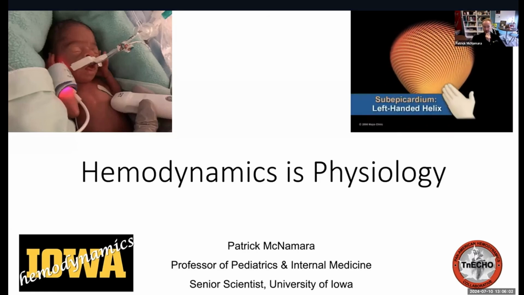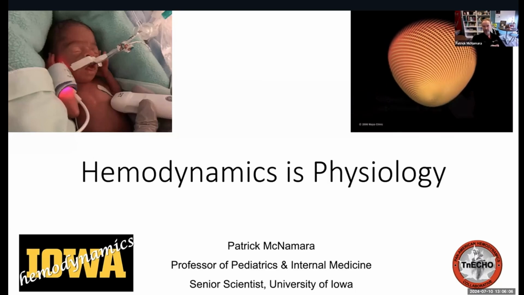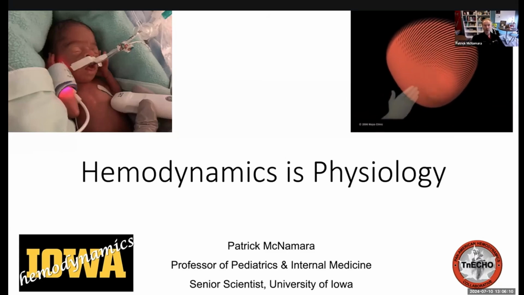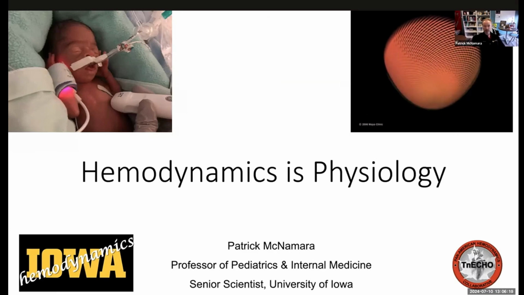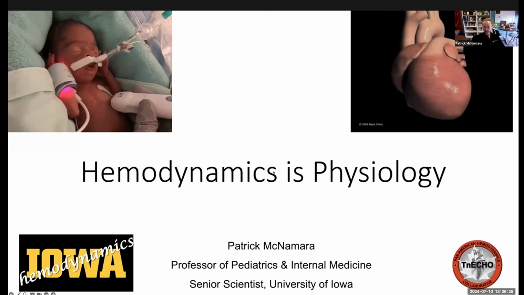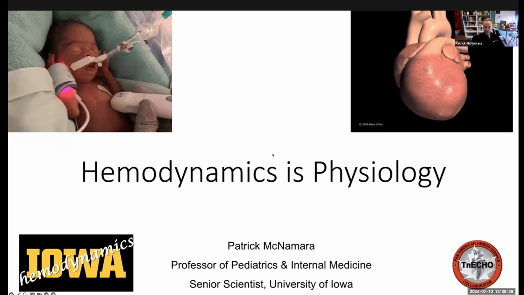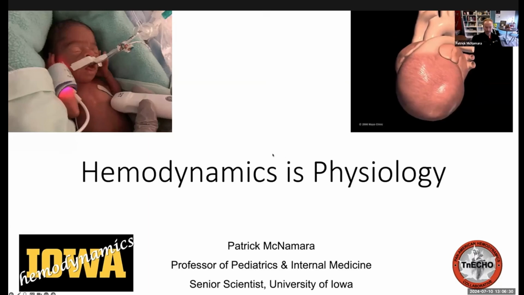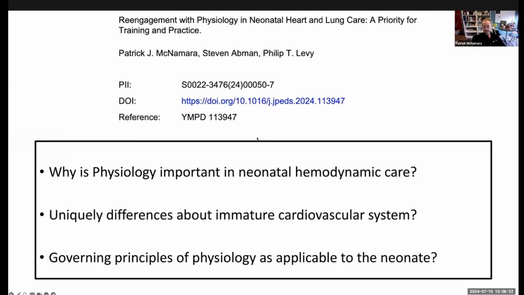A lot of the time we get caught up in imaging and who should image and why they should image, but the fundamentals of why 20 plus years ago, people like myself really pushed changing the paradigm is what we lacked in the NICU was a physiology-based approach to cardiovascular care. So for the next 30 minutes or so, we're going to talk about why hemodynamics is physiology.